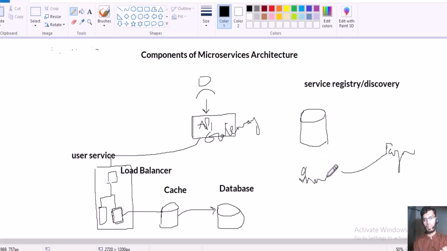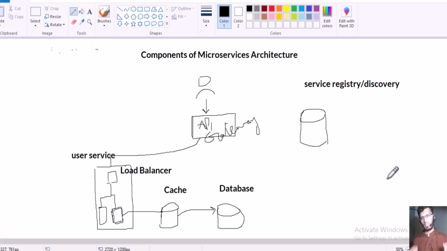Like payment can make a call to the inventory service with the help of this service registry. So here I have discussed six components.